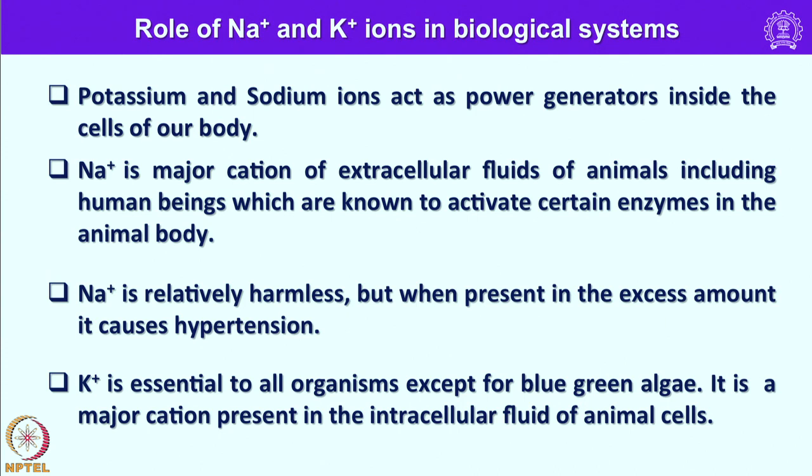Sodium plus is relatively harmless, but when it is present in large excess, it causes hypertension, and potassium ion is very essential to all organisms except for blue-green algae, and it is a major cation present in the intracellular fluid of animal cells. You should remember potassium is present in the intracellular fluid of animal cells, whereas sodium is concentrated majorly in extracellular fluids of animal cells.